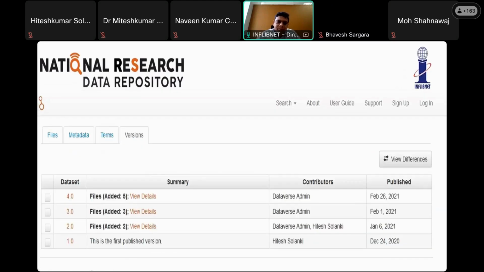And another important aspect is that it has options to maintain different versions of the dataset. You can see there are 4 versions available for a dataset. Once the first file is uploaded, whenever you upload a file in subsequent times, a new version of the file is automatically created, and it is automatically marked as second version, third version or fourth version.